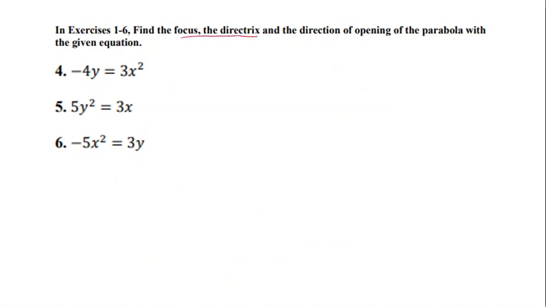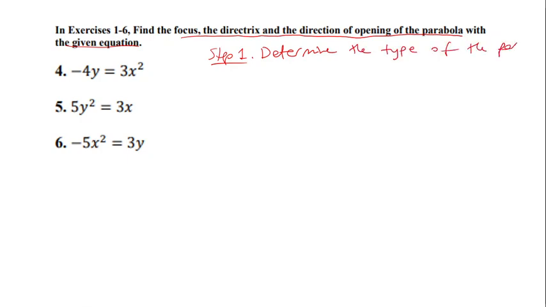Find the focus, directrix and the direction of opening of the parabola with the given equation. When an equation is given, the first step is to determine the type of the parabola. We have two types, as you know: 4py is equal to x squared, or 4px equal to y squared.